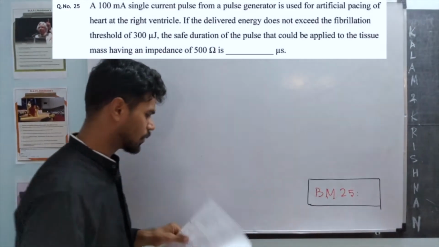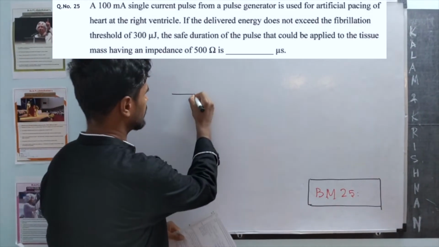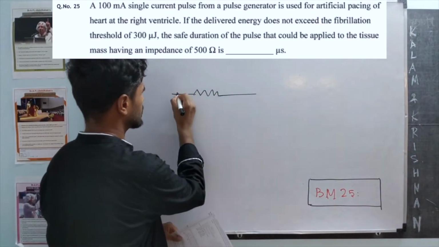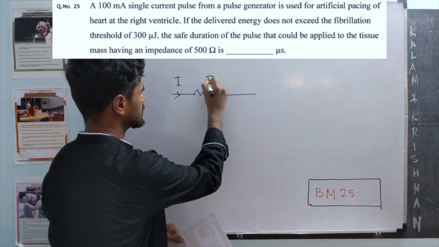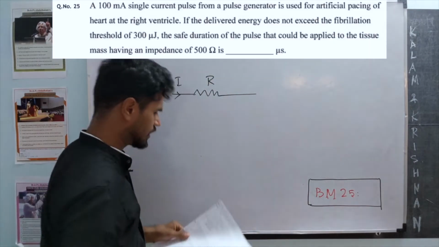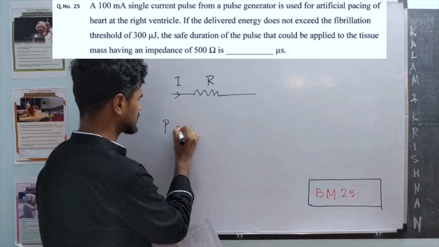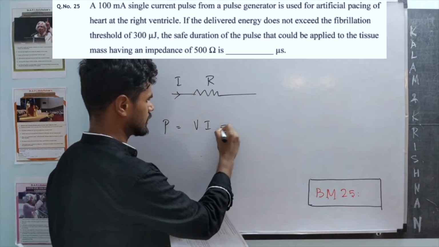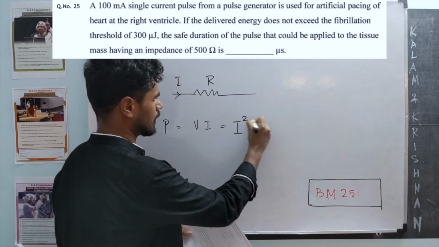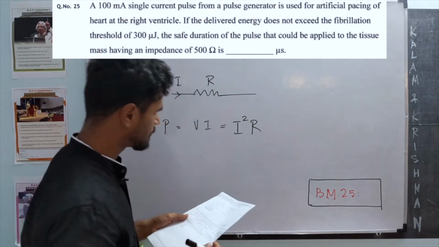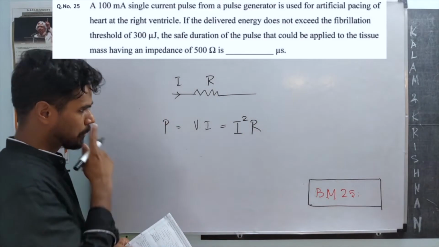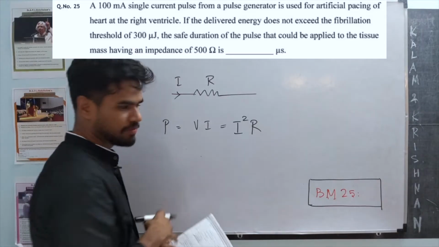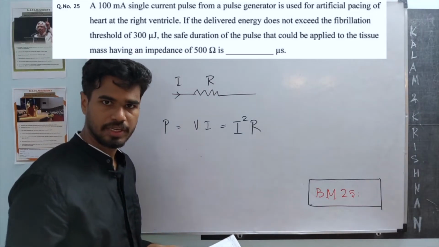Say we have a resistor. There is a current I flowing and its resistance is R. We know the power supplied to this is VI, which in this case is I squared R, because both I and R are given. Now instead of power we have to put a limit on the energy.